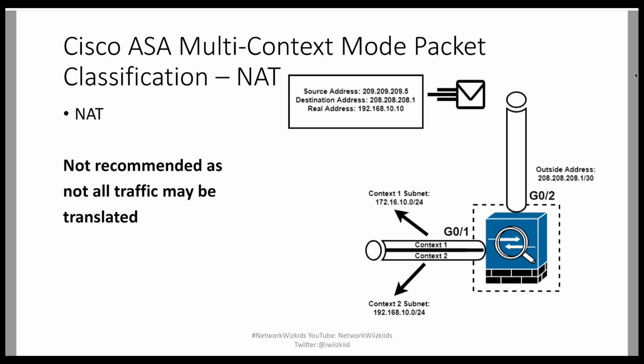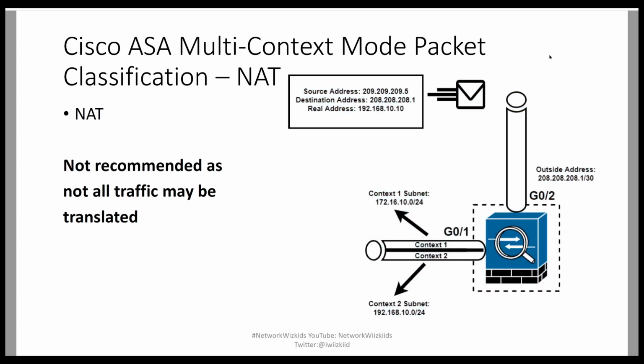But as you can see, Gig 0/1 is sharing the interface between context 1 and context 2. So what would happen here is it would use network address translation to translate to the second context address.